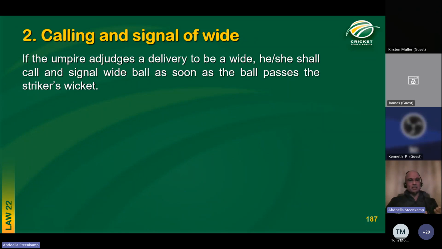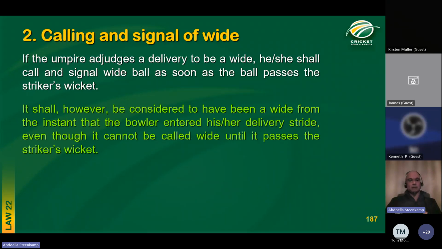Again, the law emphasizes, umpire, after judging that the ball is wide, wait until it passes the striker's wicket. However, the law tells us that, yes, you do wait until the ball passes the striker's wicket, but actually the law considers the ball to have been wide from the instant that the bowler entered his or her delivery stride.